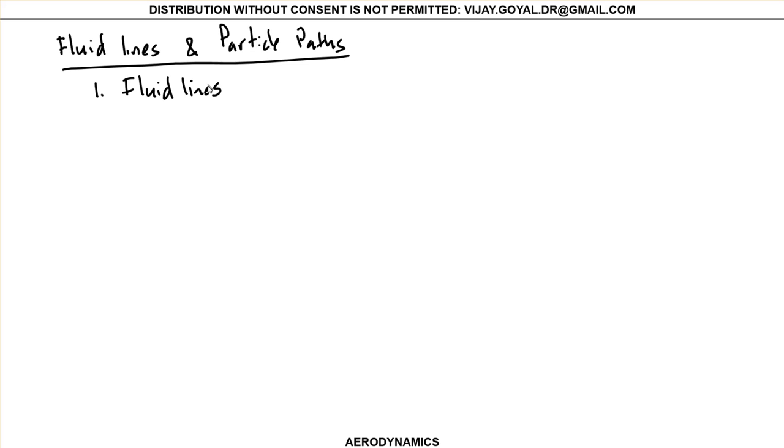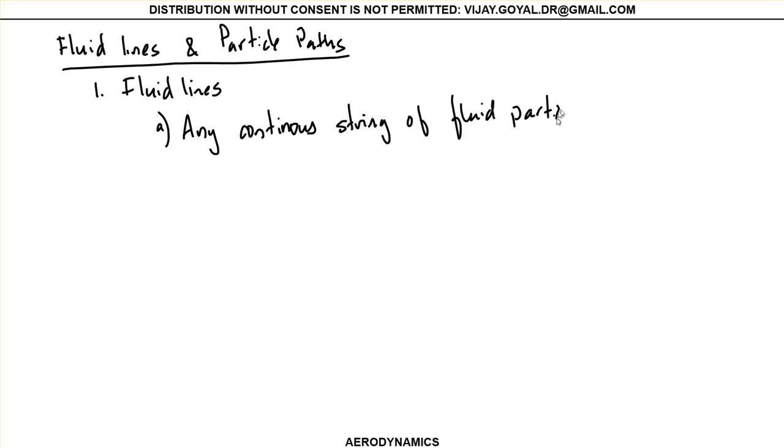A fluid line is nothing else than any continuous string of fluid particles, something that moves with the flow. It cannot be broken.